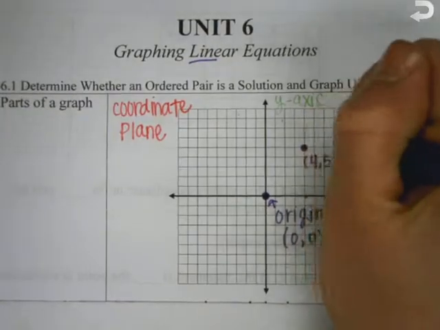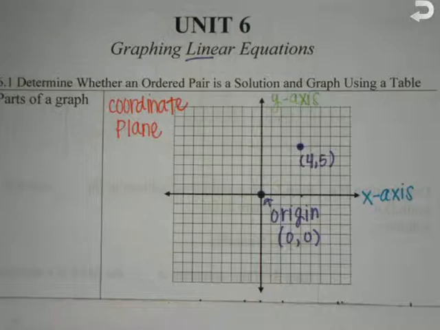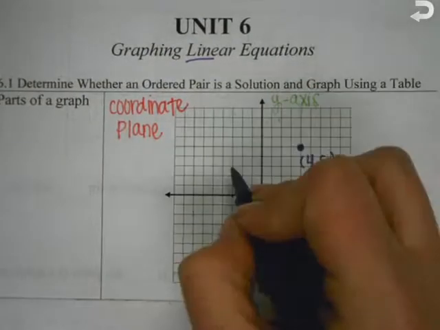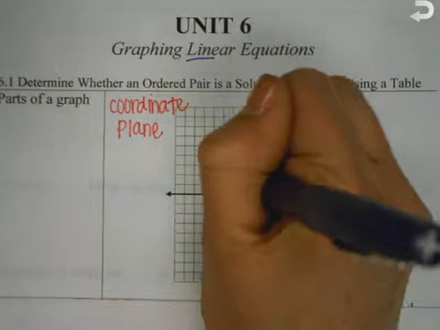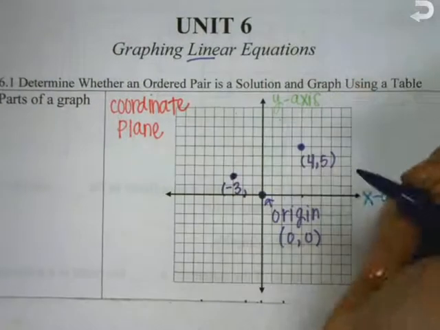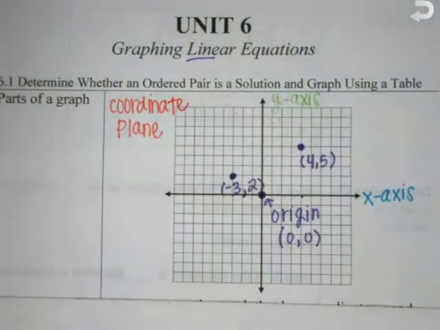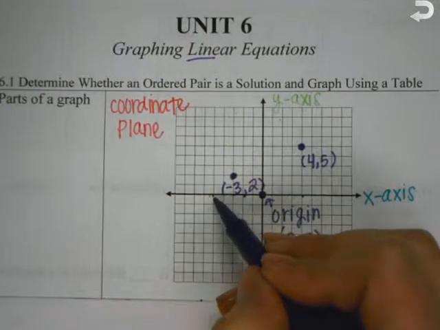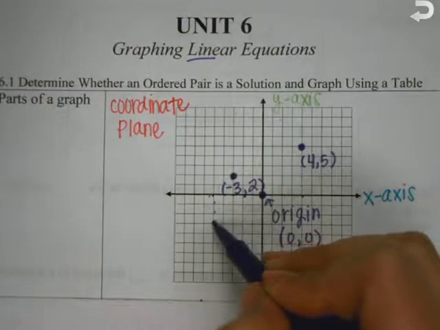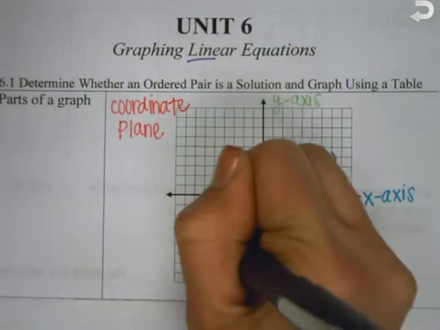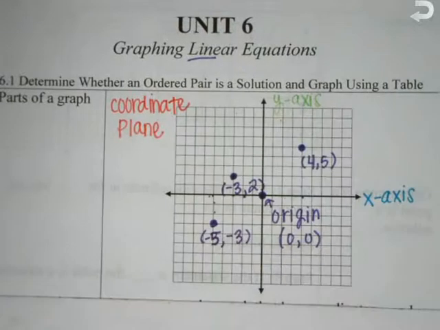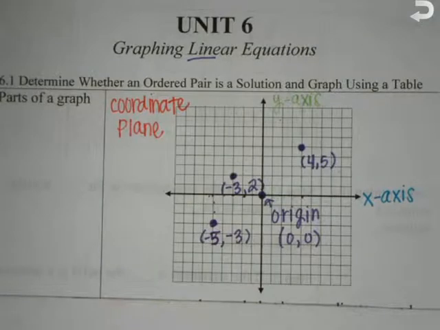What if I went to the left 1, 2, 3 and went up 1, 2? Negative 3, positive 2. What if I go to the left 1, 2, 3, 4, 5 and I go down 1, 2, 3? Negative 5, comma, negative 3. Good. So those are all different ways to graph our points and the different parts of the graph.